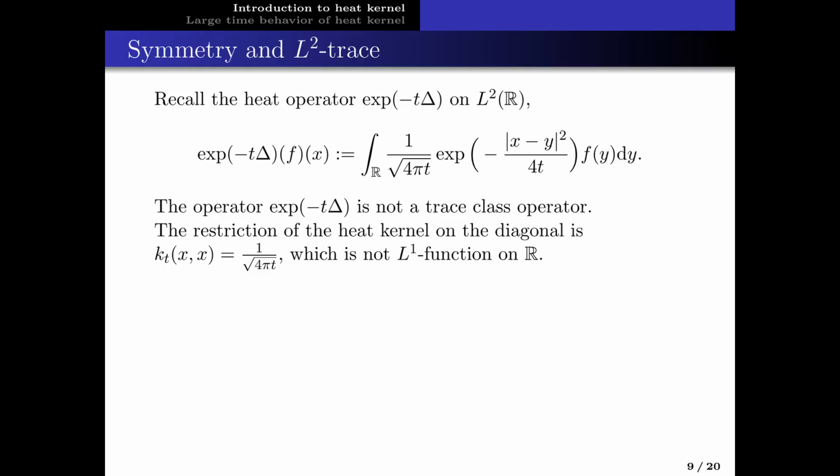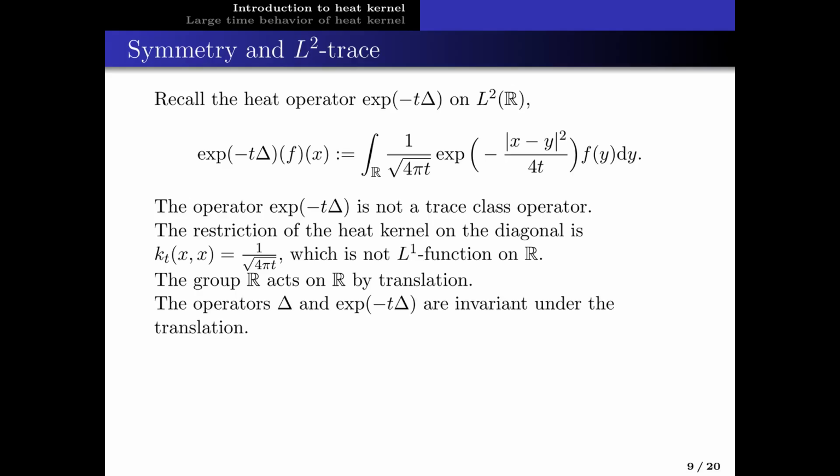As you heard in this morning's class, we can do something using von Neumann algebra or functional analysis. That's what we call the L2 trace. To do that, we need to observe that our real line carries the symmetry of translation, and our operators are all invariant under these transformations.